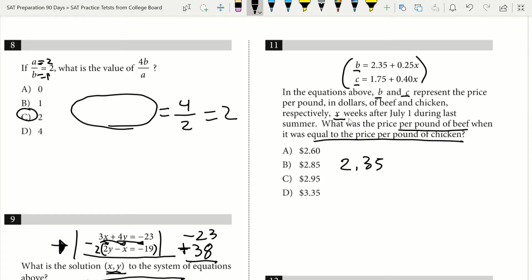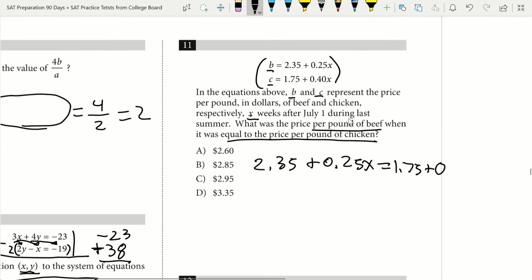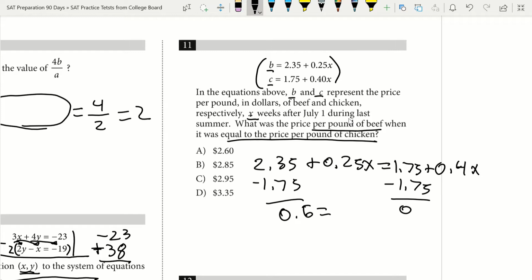So we're going to have 2.35 plus 0.25x is equal to 1.75 plus 0.4x. Now what we're going to do is go ahead and subtract our 1.75 from each side. Right, subtract 1.75 from each side. That way we can get all of our x's onto one side. We subtract 0.25x from each side.